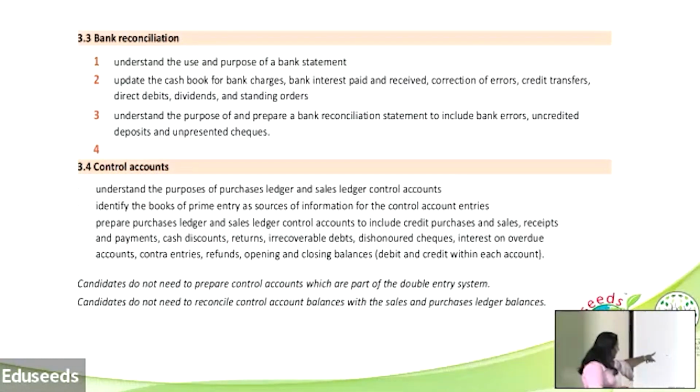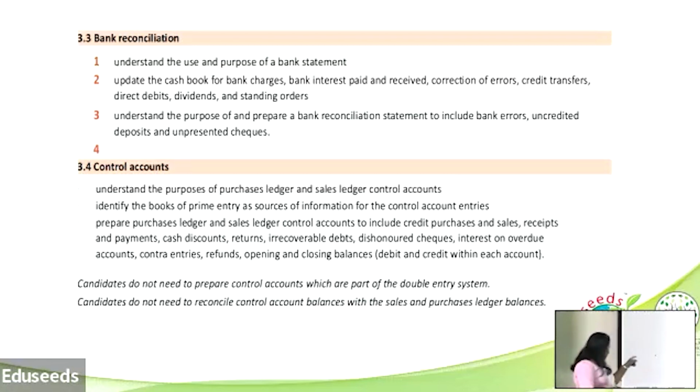Then of course, the next one will be control accounts. So we have purchase ledger control account and sales ledger control account. What are these control accounts? Simply just remember this. Sales ledger control account is the same as your debtors account or your trade receivables account. And purchase ledger control account is simply your trade creditors account, or trade payables account.